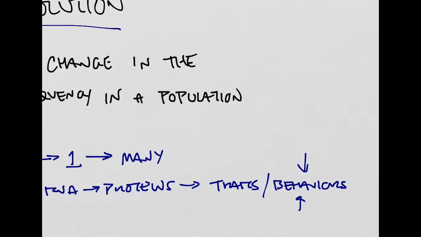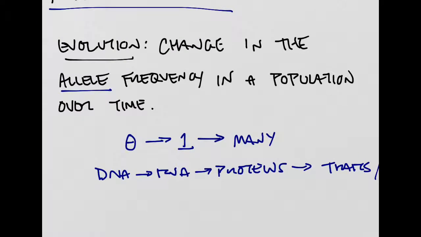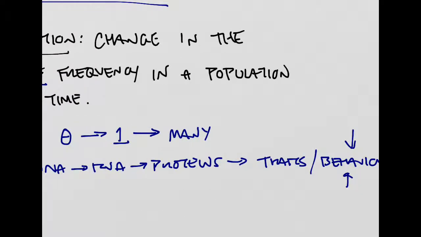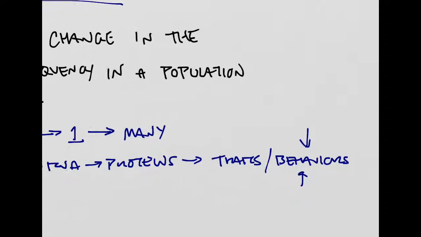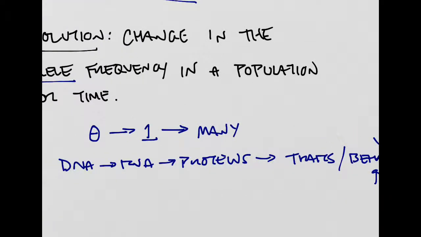Okay? So understand that if we have an allele that ultimately leads to a new allele that leads to the production of a different protein, that leads to the release of a different trait or behavior, and that's a beneficial one, clearly you could imagine that's going to turn into the situation where everyone wants that, so they will mate with somebody who actually has that particular allele, and then slowly but surely you start to have many of those alleles in the population after several generations.